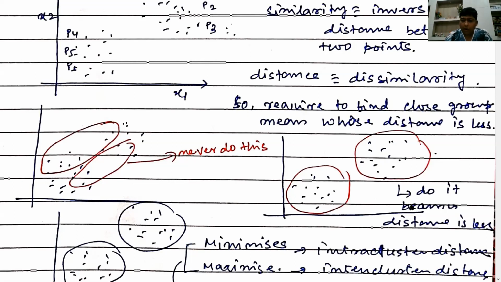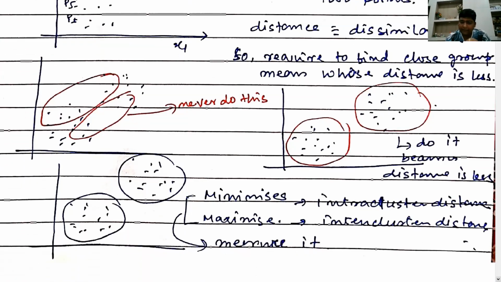Okay, now what can we summarize? We can summarize it: minimize intra-cluster distance, maximize inter-cluster distance.